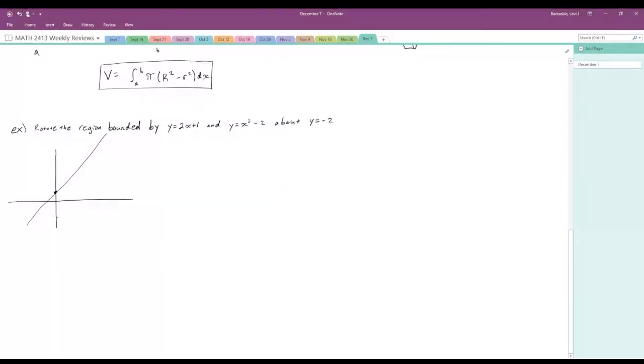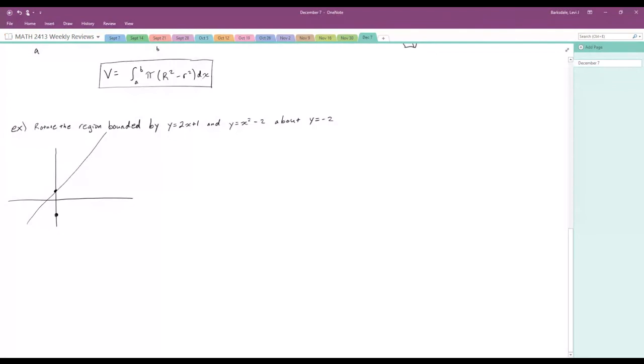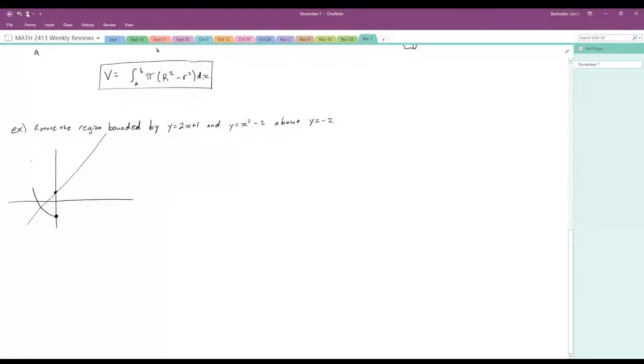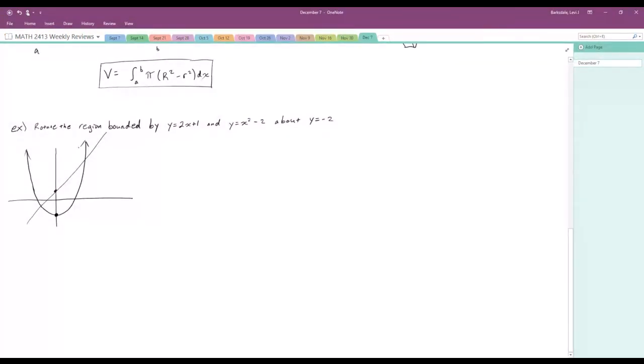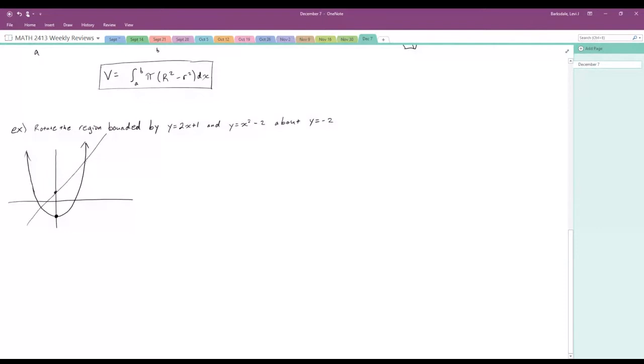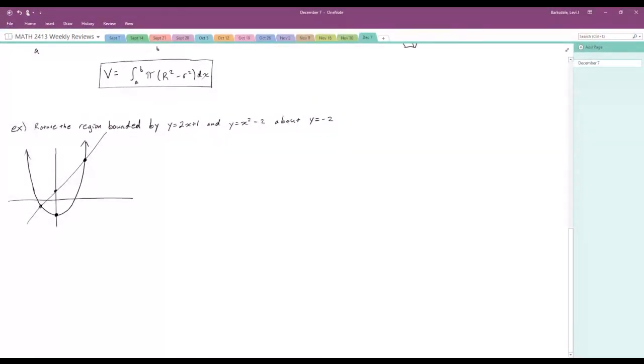And I also know that y equals x squared minus 2 has a y-intercept of negative 2, and other than that, it's just a pretty straightforward quadratic. So I'll just sketch them both. Okay. Also, I want to sketch in the line that I'm rotating around. So here's the line that I'm rotating around. I'm going to go ahead and mark that as well.